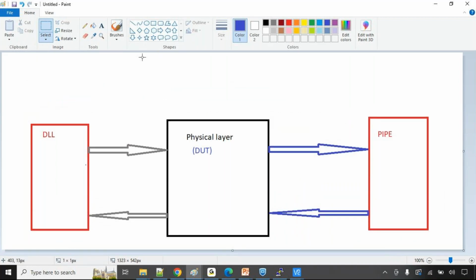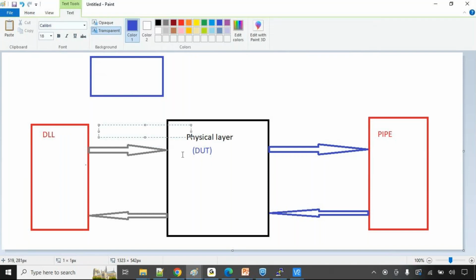Actually, there will be a memory present here, because of what the physical layer does. The physical layer will be sending two types of packets. Can someone tell me what the two types of packets the data link layer will be sending to the physical layer? One is called the link packet. Sorry, DLLPs, link packets and DLLPs.